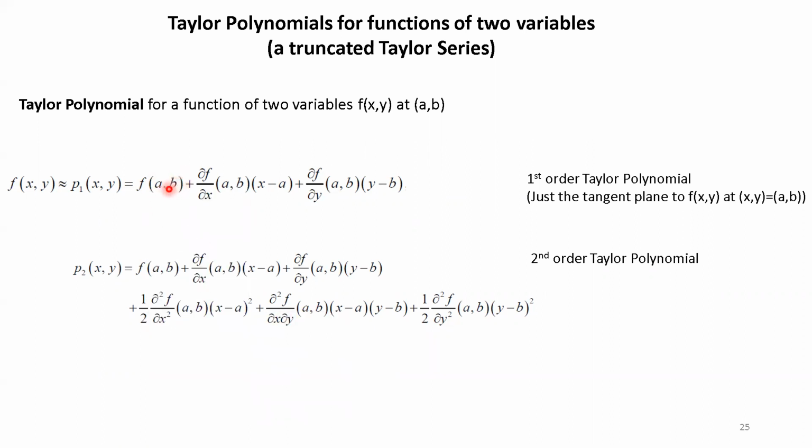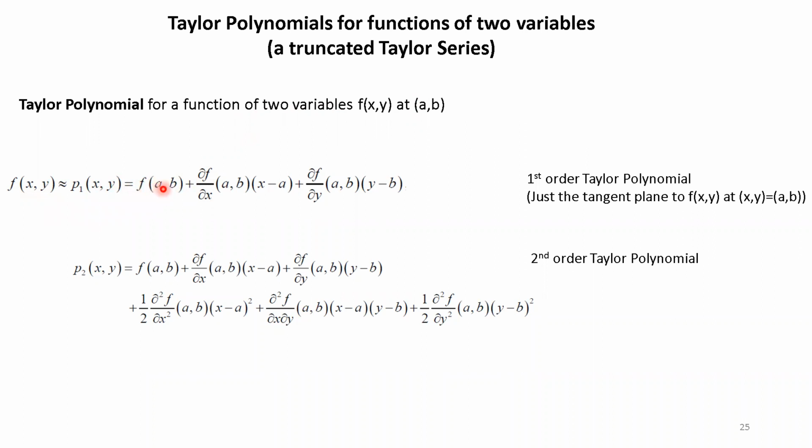I have this function of 2 variables, and I consider a particular point (a, b), and I expand the Taylor polynomial at that point. So the constant term over here is f of (a, b), exactly.